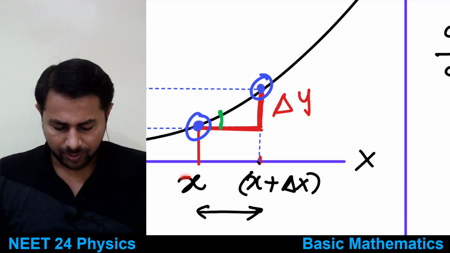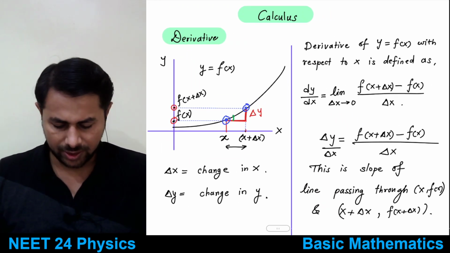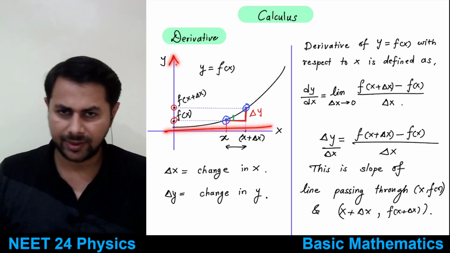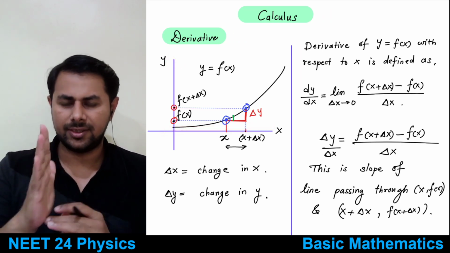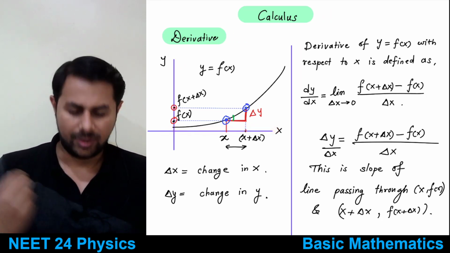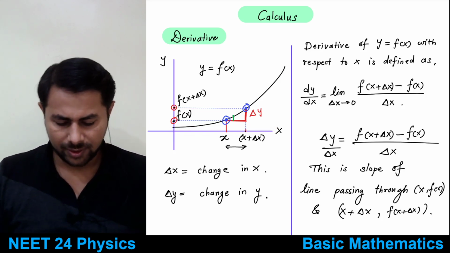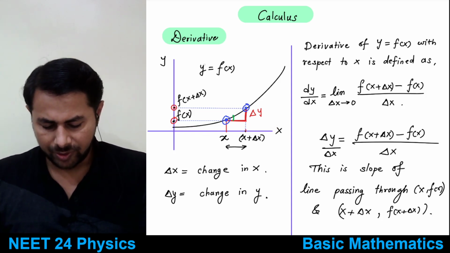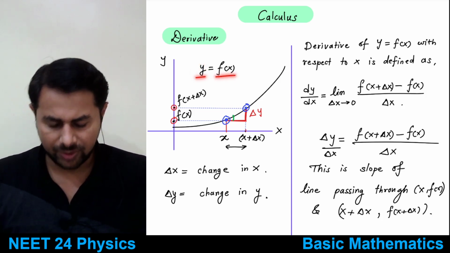Suppose this curve is y versus x, right? The quantity that we are plotting on the vertical axis is y, and the quantity on the horizontal axis is x. Then the relation between the y coordinate and x coordinate is y equals f of x.